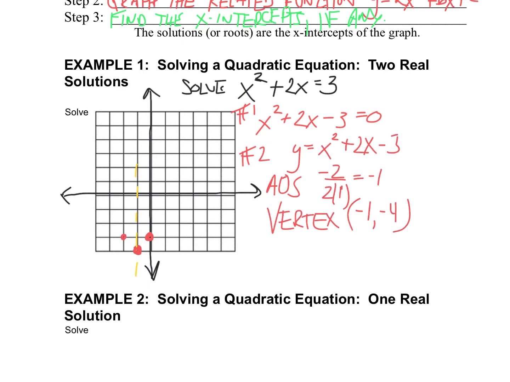Again, thinking about my table here, without having to make a full table, I have these 3 points right here. I think it would make sense to go one more to see what happens. So I'm going to make a makeshift table and say, what if x is 1?